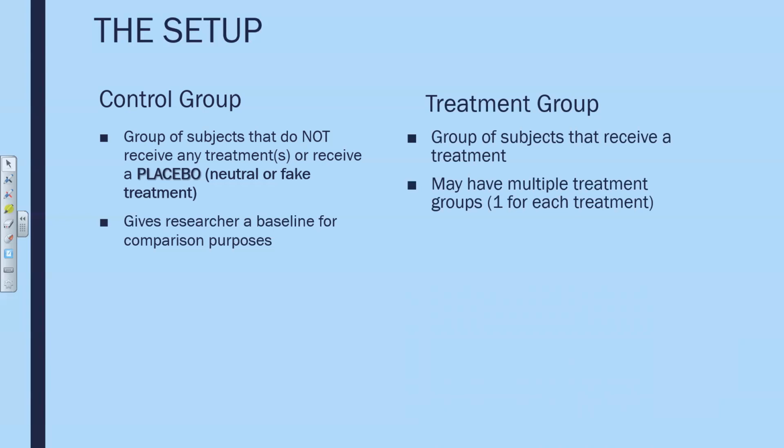Otherwise, for comparison purposes, you can't decipher that. You can have multiple groups, and a lot of times in an experiment, just because of the cost associated with it, they'll use we can do 3 at a time instead of just doing 1 at a time. I could do 10 at a time instead of doing 1 at a time. Again, that's going to save me a little bit of time and probably a little bit of money over the long haul.